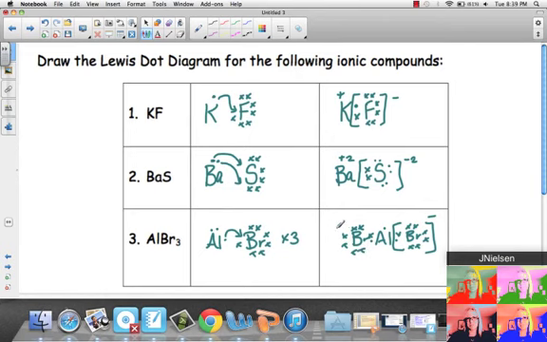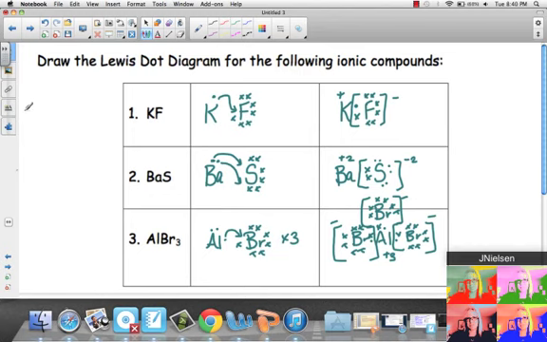This Br gained 1. My drawing's getting a little messy. And we're going to put a Br up here. And this Br gained. And Al is left. I'm going to put it right there at the bottom. Not really where I should, but I put the Br at the top. And that's going to be it.